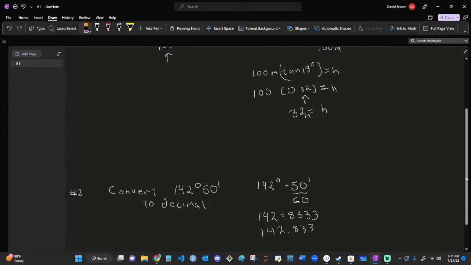And then you could check online, check my answer if you want, with a degrees, minutes, seconds converter calculator.